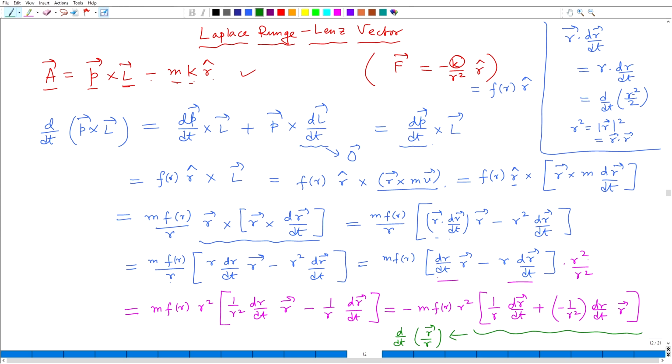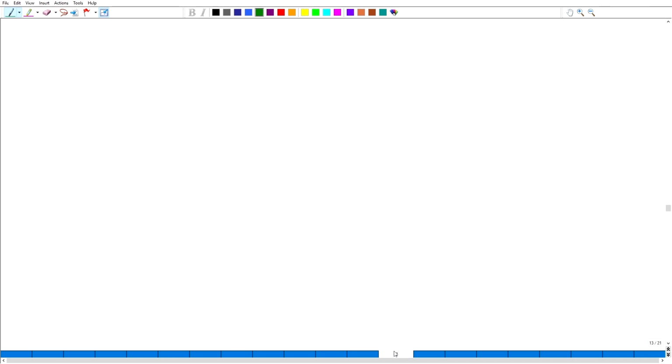And so, d dt of p cross L is equal to minus m f r times r square d dt of r vector by r.